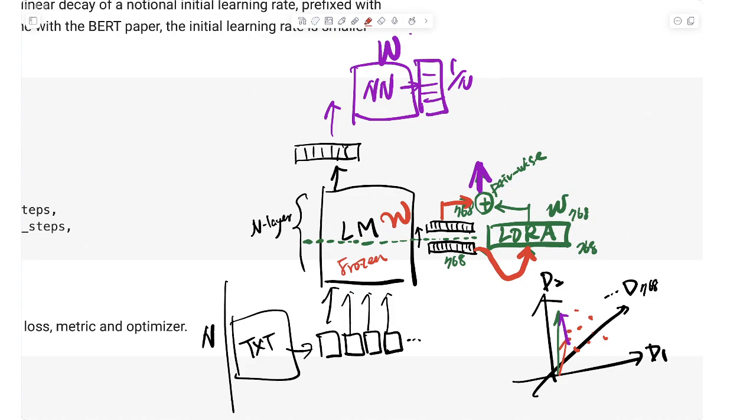You use the output of the previous layer, 768, as the input of the LoRA. And after some calculation, the LoRA has a green weight, and it also outputs another vector, which is the green arrow, and the dimension is still 768.